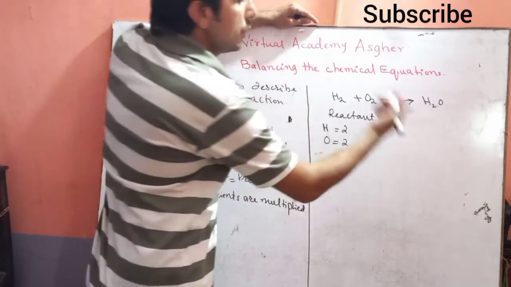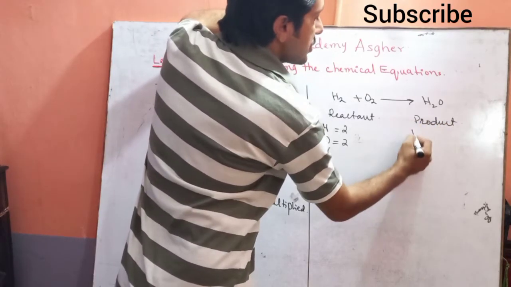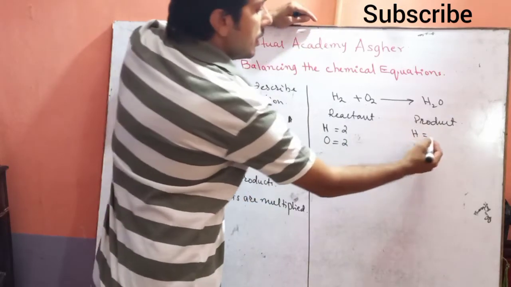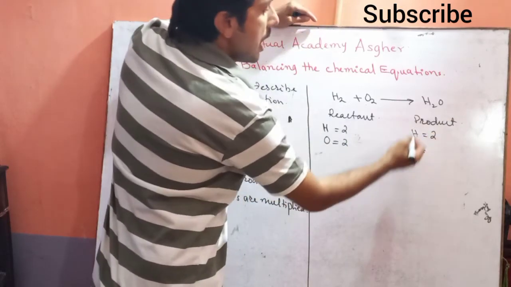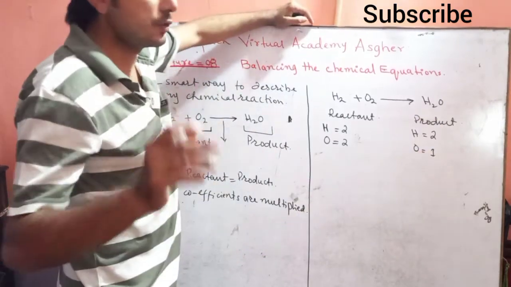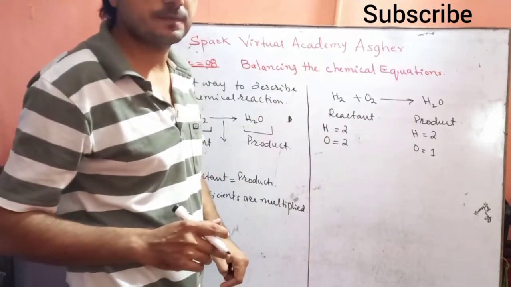But if we move towards the product side, the atoms are the same, hydrogen and oxygen. The hydrogen number is 2, however, there is only one atom of oxygen in a water molecule. So as you can see there, hydrogen is balanced, but oxygen is not balanced.